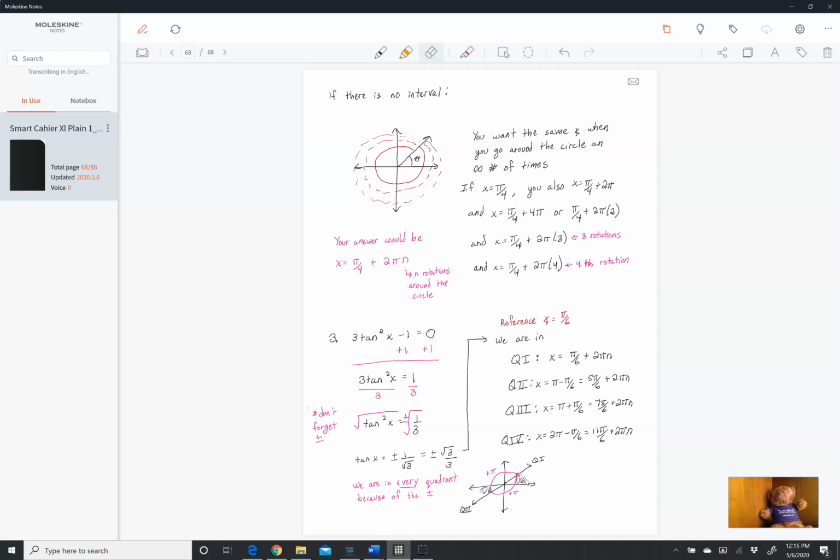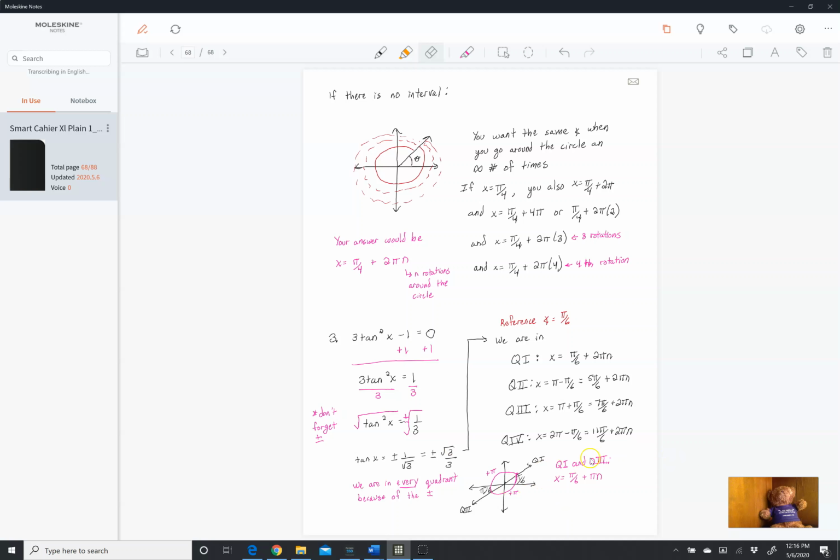So it turns out that we can actually write this in a different way to save ourselves from having to write all 4 quadrants. We could instead say, well, in quadrant 1 and quadrant 3, we could say x equals pi over 6 plus pi times n.